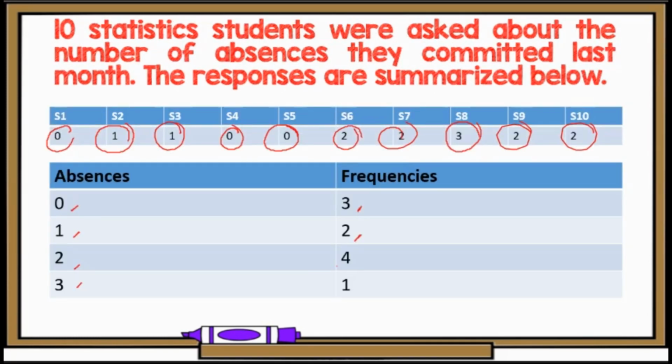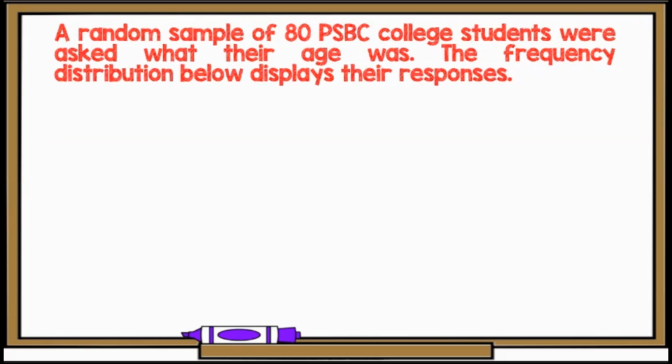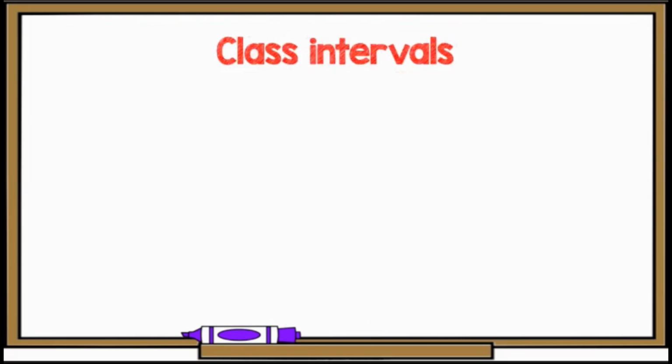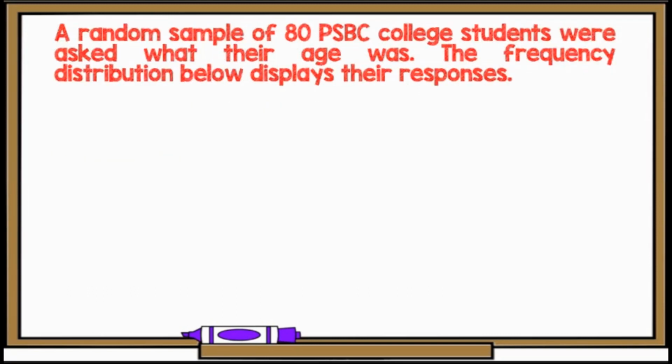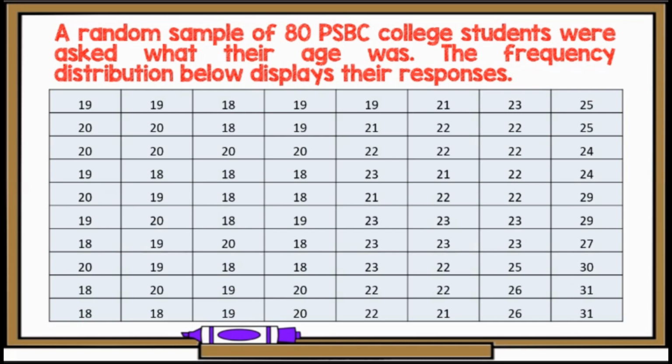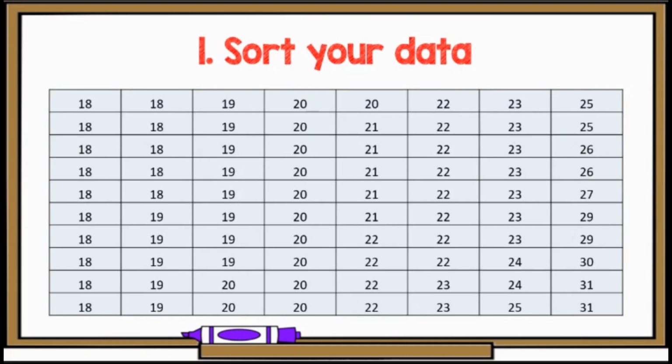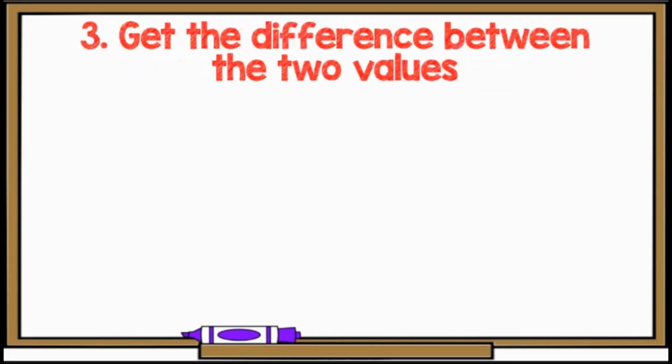So, whole number yung laman ng isang class or category. Whole number si 0, whole number si 1, whole number si 2, whole number si 3. You should use the same precision. So, if you use whole numbers on the first class, you should use whole numbers on the other classes as well. Same with our class intervals for age. Kung gumamit ka una ng whole number, for the whole dataset, dapat whole number din.